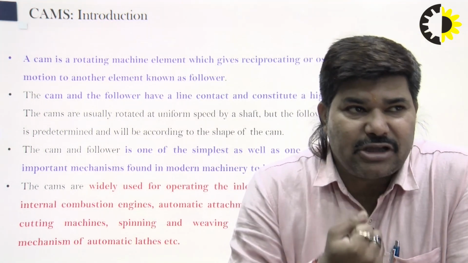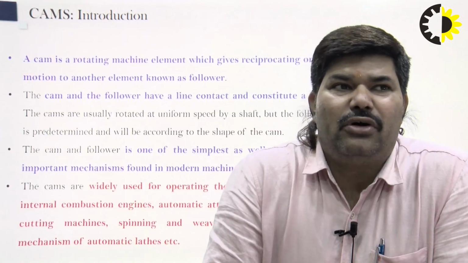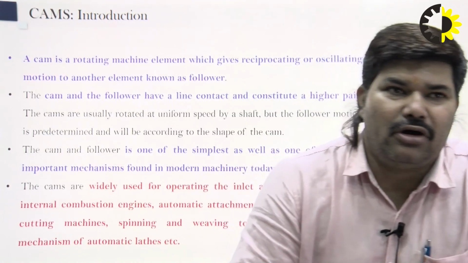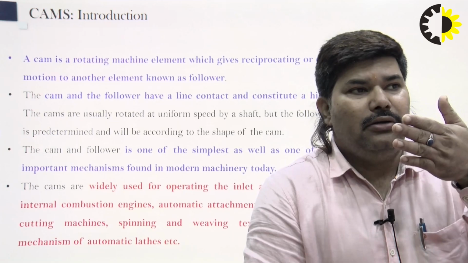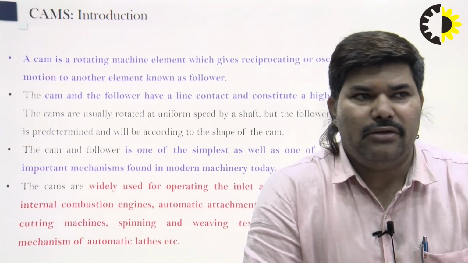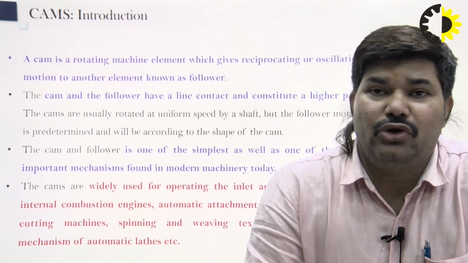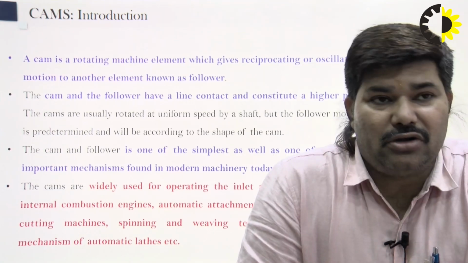CAMs are usually rotated at uniform speed by a shaft, but the follower moves in a predetermined manner according to the shape of the CAM. So different shapes of the CAM are very important also.